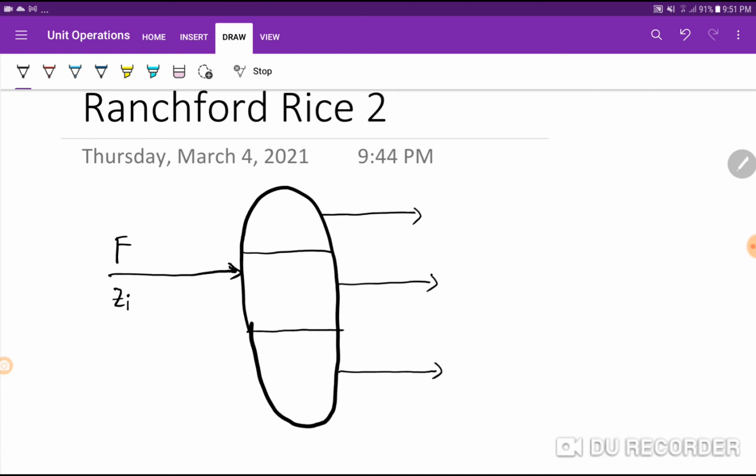I call this vapor, I call this liquid 1, and I call this liquid 2. For vapor I will have V and component Yi. Liquid 1 will be denoted L1, component Xi1. Similarly, you have L2, component Xi2.